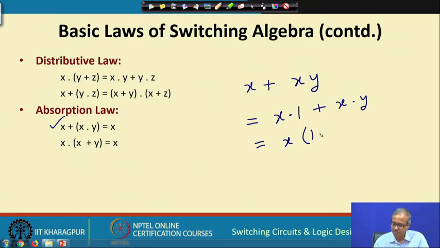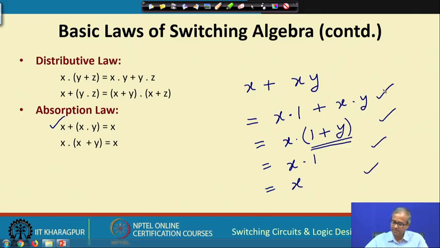You can take x common, 1 or y, and we already know 1 or y means 1, x and 1, x and 1 is x. You see, these rules we have already studied so far. By systematic application of these rules, I can prove this. This is proof using algebraic manipulation.